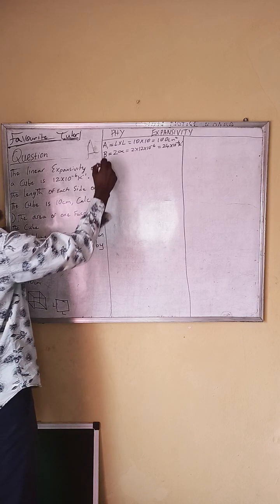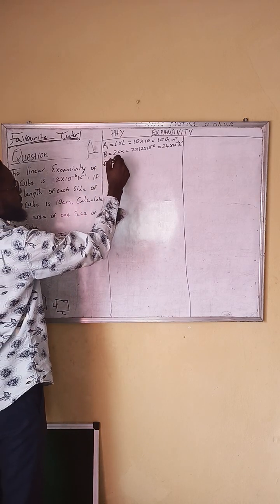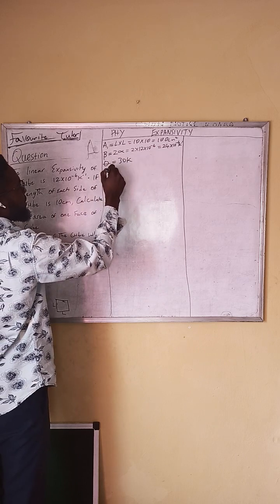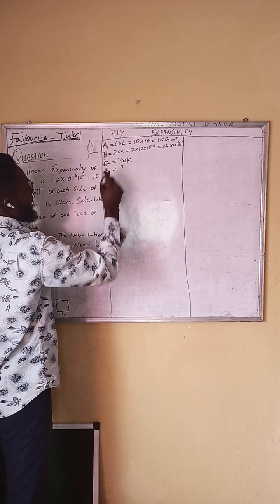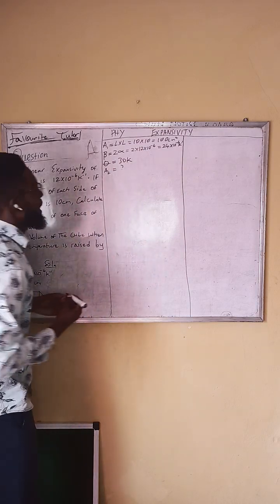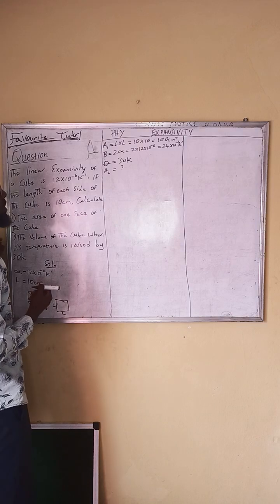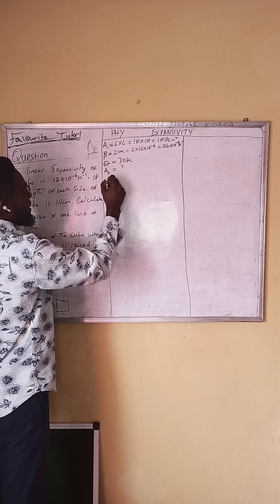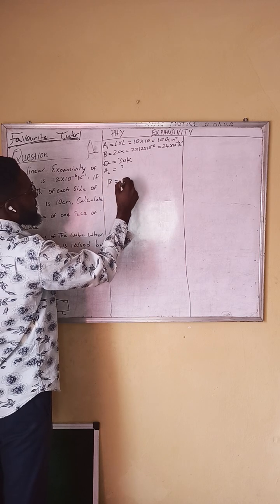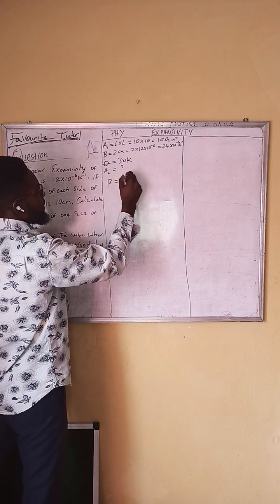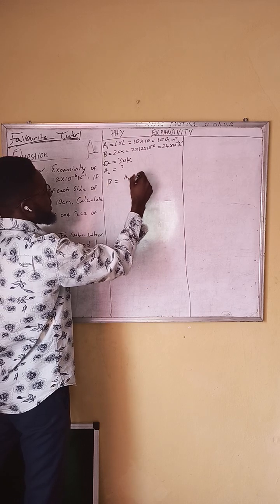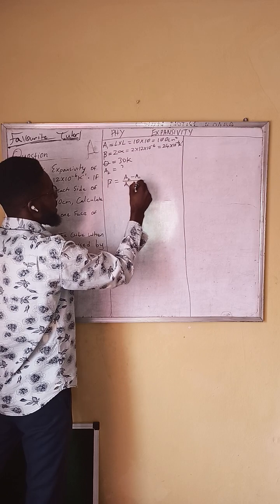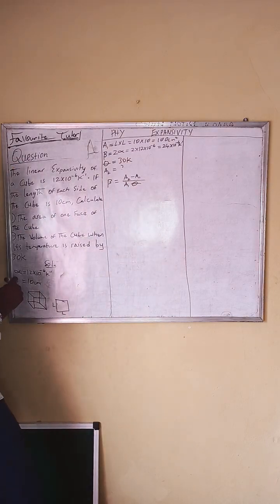Okay, and right here the temperature rise is 30 Kelvin, and we are looking for the new area when the temperature is increased by 30 Kelvin. The equation for area expansivity is the change in area, which is area 2 minus area 1, all over area 1 times the temperature rise.